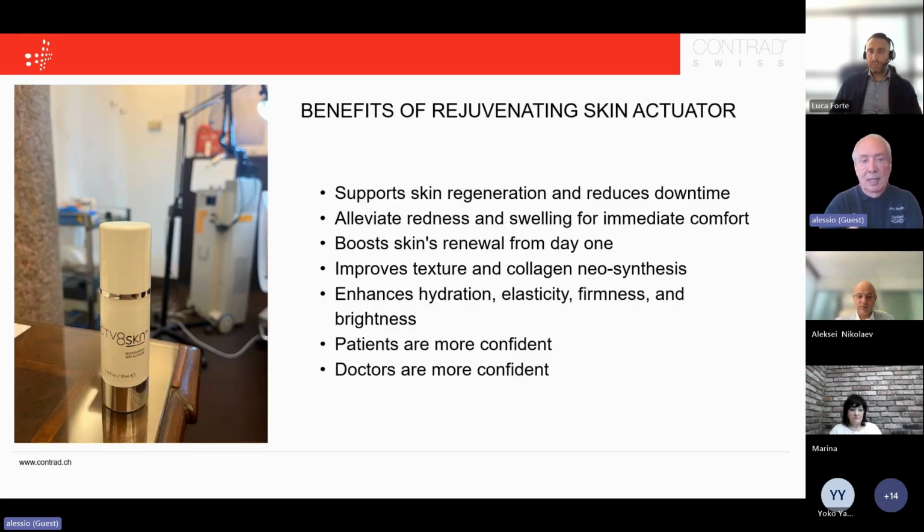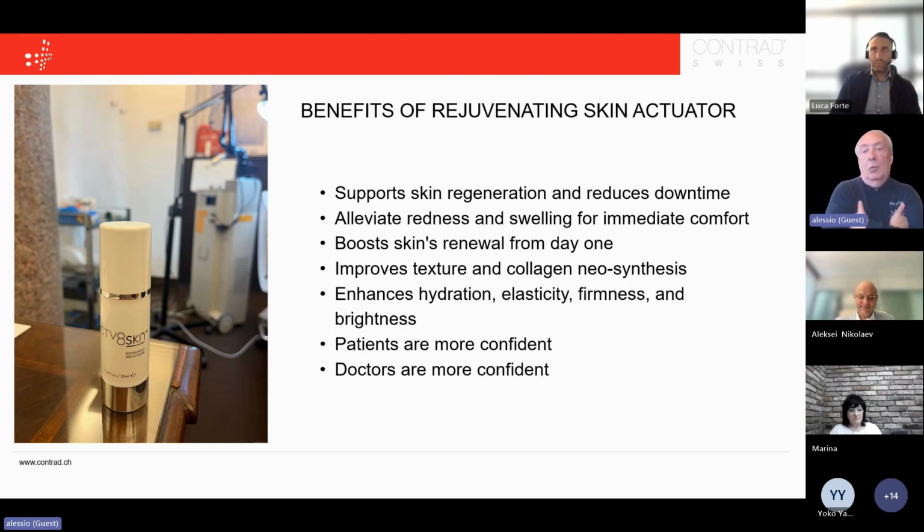the CO2 fractional laser. So the benefits that we saw in rejuvenating the skin supported in a good way the immediate outcome, redness, swelling, so a good comfort in the following hours and then days.